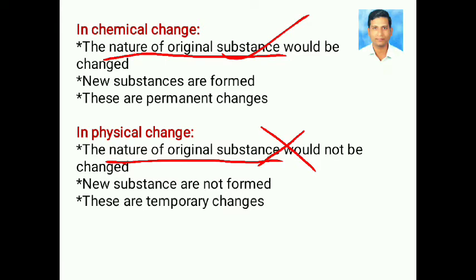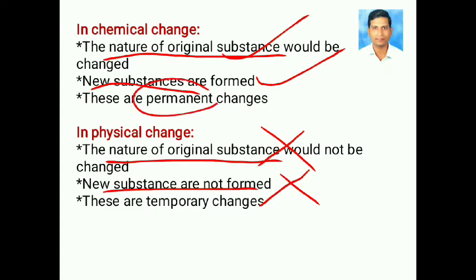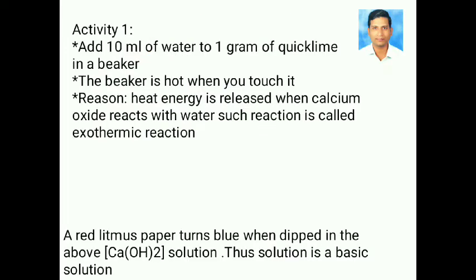In chemical change, new substances are formed. In physical change, new substances are not formed. And these are permanent changes. Physical changes are temporary changes. Now let us know more about chemical changes with some activities.